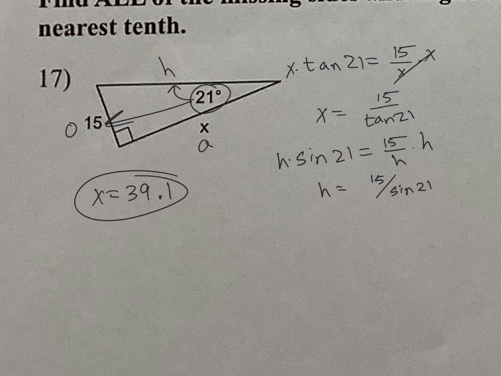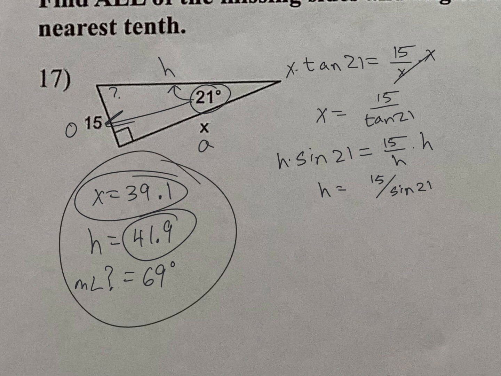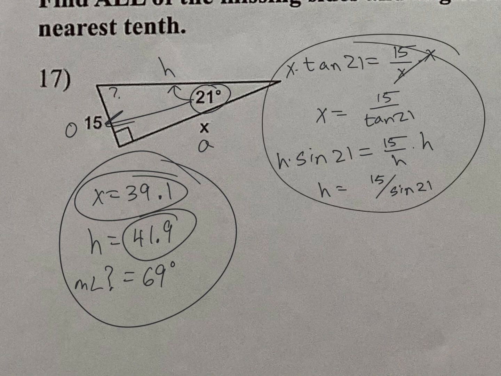So 15 divided by the sine of 21 gives me the hypotenuse to be 41.9. Okay? And then to get the angle, the measure of the angle is 90 minus the 21. So that's 69 degrees. So this is what you should circle, what should make it easy for me to see what you have. Your work should be over here. Okay? Let's do number 18.